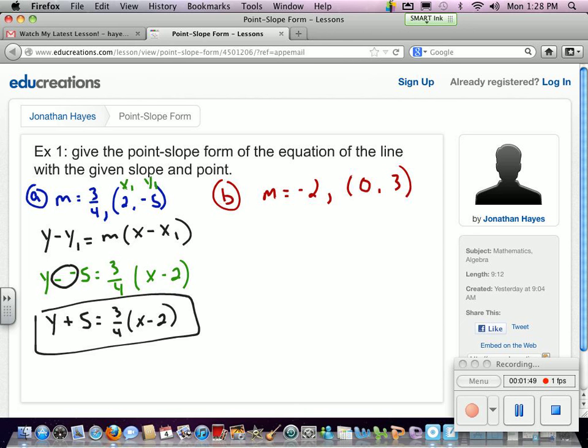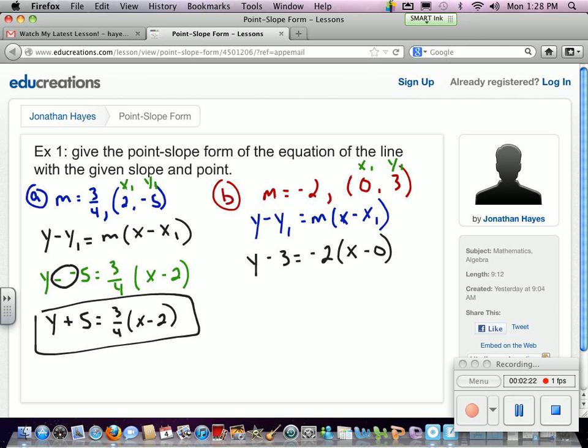Okay, for part B, again, we're going to have the same equation. So y minus y1 equals m times (x minus x1). Again, this is x1, that's y1. Go ahead and substitute in, and we're going to have y minus 3 equals negative 2 times (x minus 0).